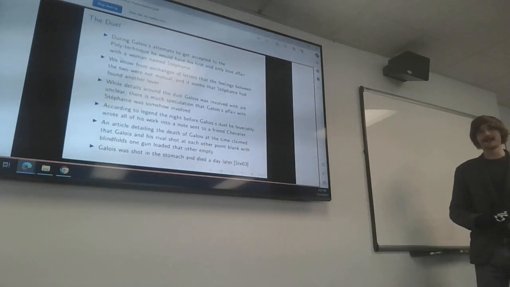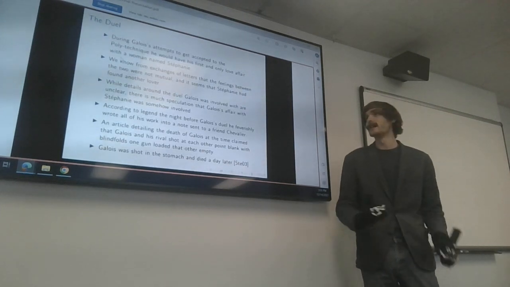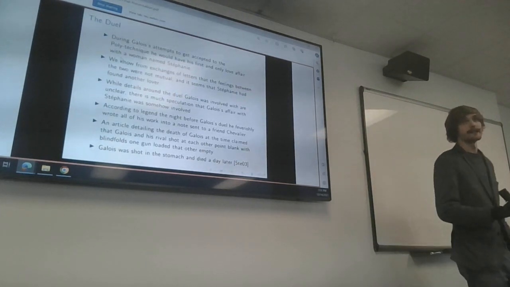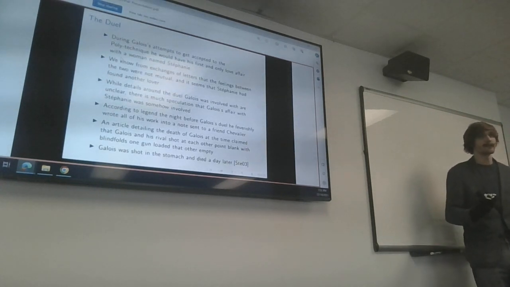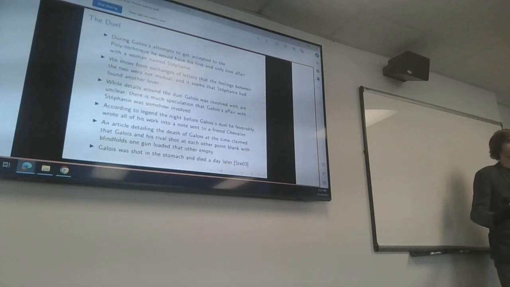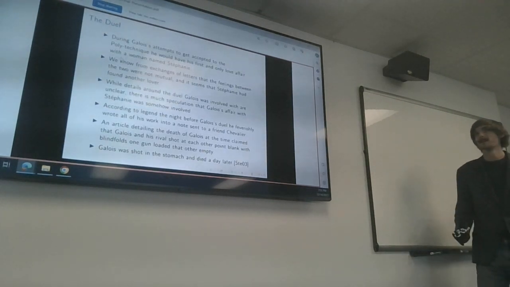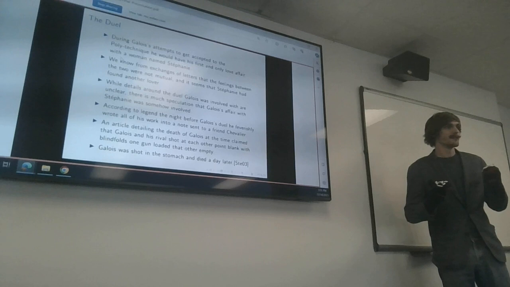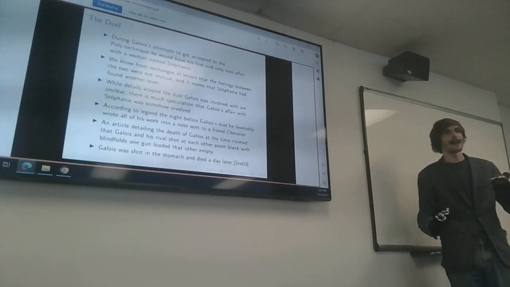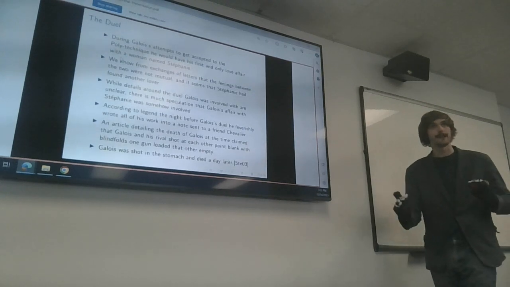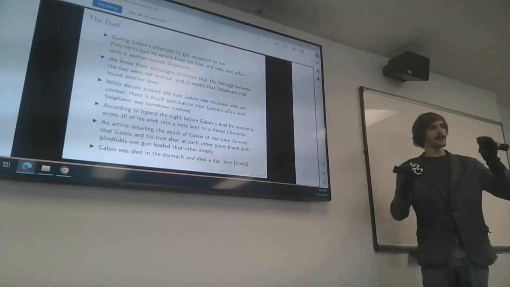So eventually that didn't work out too well for him, especially because Stephanie had taken a new lover, and, well, this is kind of the general consensus on what happened. There's some speculation on what really went on behind it, but the general consensus is that this issue with Stephanie was somehow involved, and Galois would go over to Stephanie's lover and say, "I love Stephanie, and you must leave her."